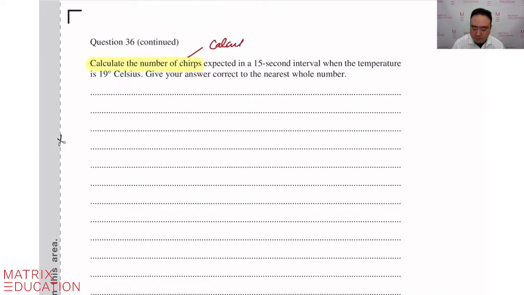Calculate y. We want to find the value of y when x is 19 degrees Celsius, and the question asks you to answer to the nearest whole number. Let's do it step by step.